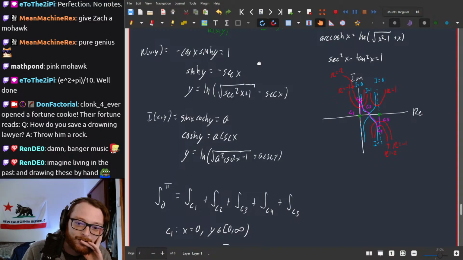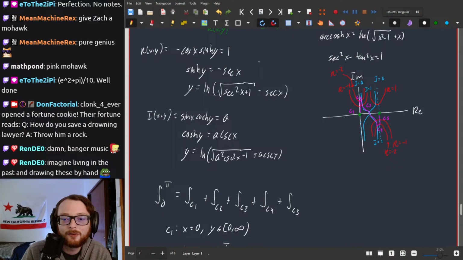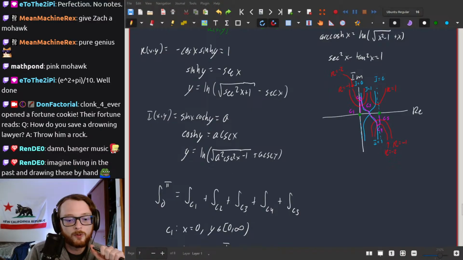X is going to go from 0 to wherever this intersection point is. Can we just somehow bound it and not think too hard about it? Because it should go to 0 if we've done this correctly. The imaginary part is going to go from 0 to 1.